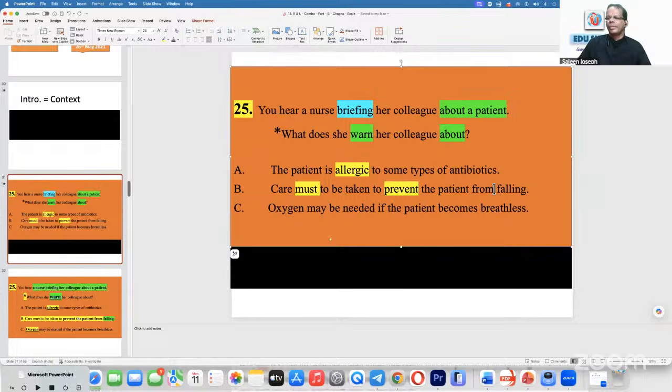See, again, the prevent concept is same, right? And the previous thing for reading, the concept was same, right? C. Oxygen may be needed if the patient becomes breathless.